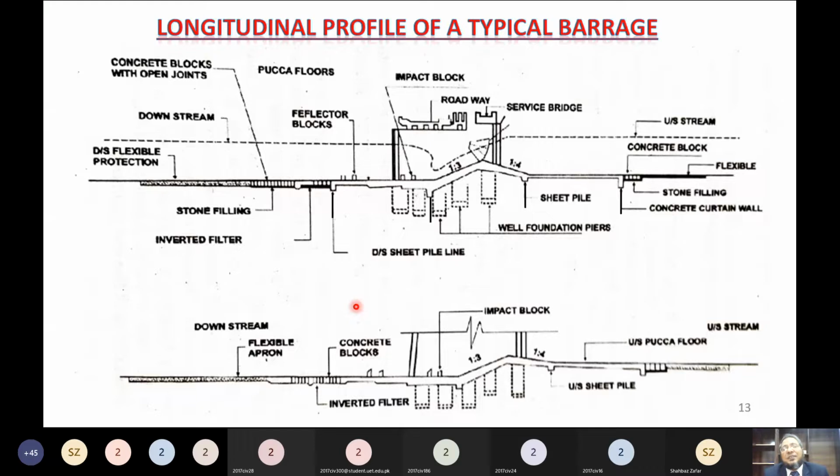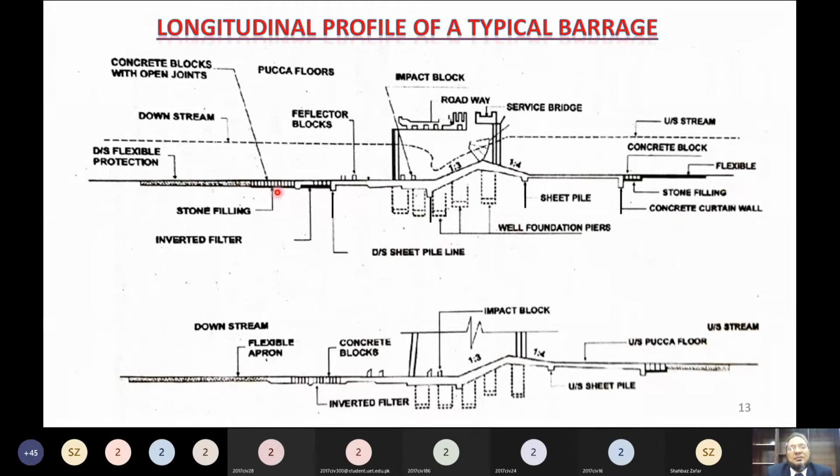And you know, the failure of hydraulic structures, most of the time it starts from the downstream side. For example, if this inverted filter is not working properly, then the fines will be taken off from here, and that is called undermining, or piping.